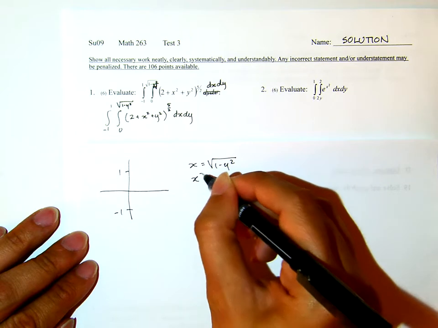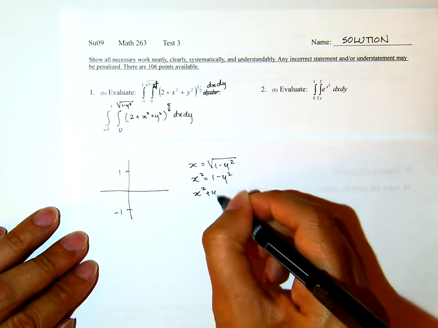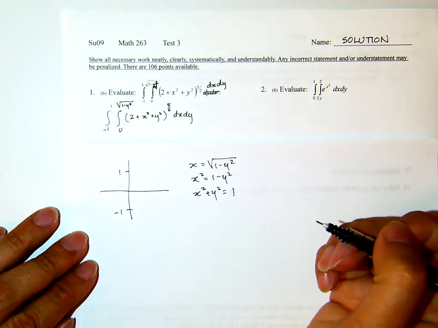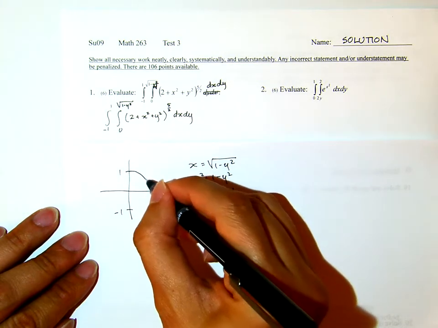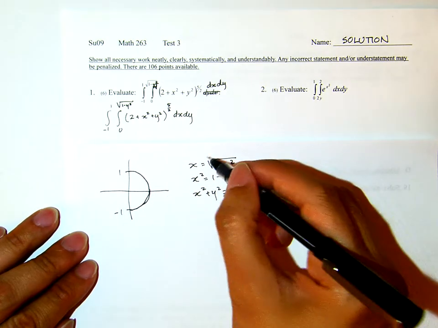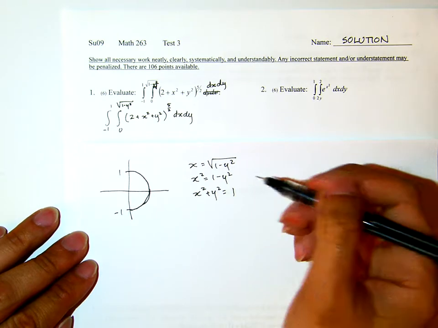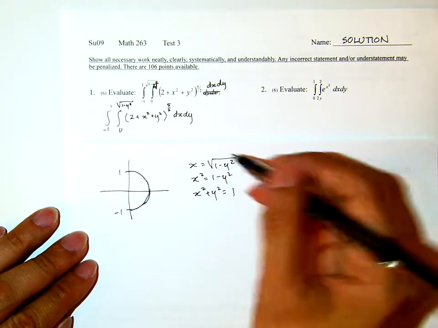So if you think about that, this is actually part of the unit circle, right? It's part of the unit circle on the positive part, because x is the positive root of that square root here.